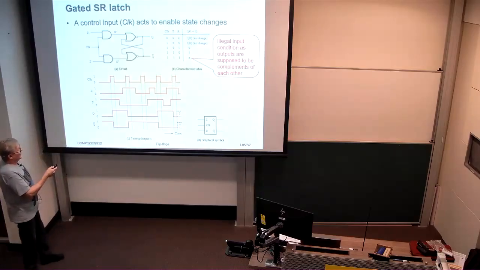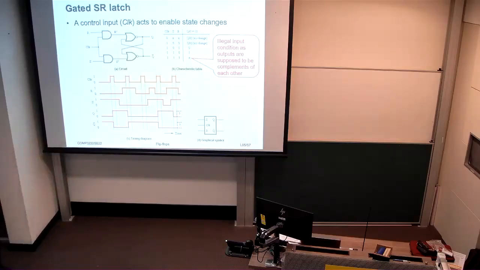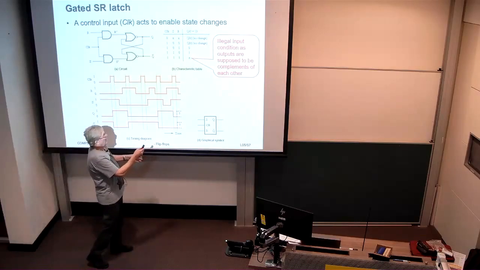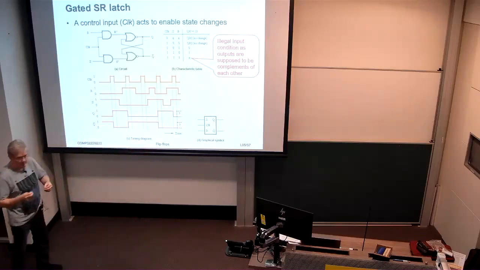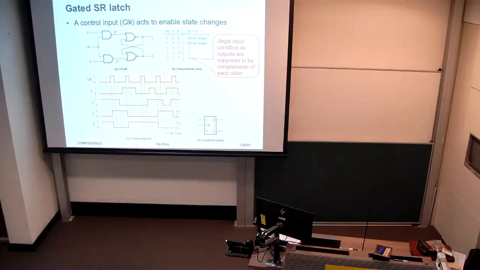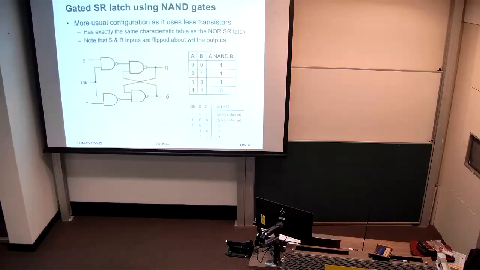But Q bar is meant to be the complement of Q, and since they're both at 0, this is an undesirable situation. So we should recognize that this input, R and S both being 1, is undesirable, or we might even term it illegal.